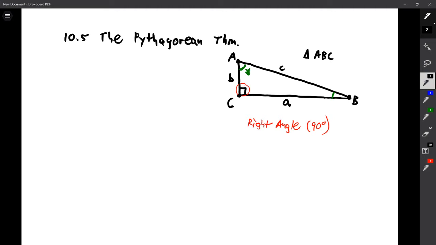So what the Pythagorean theorem says is that for any right triangle, or any right triangle. So what's a right triangle? A triangle that has a 90-degree angle in it.